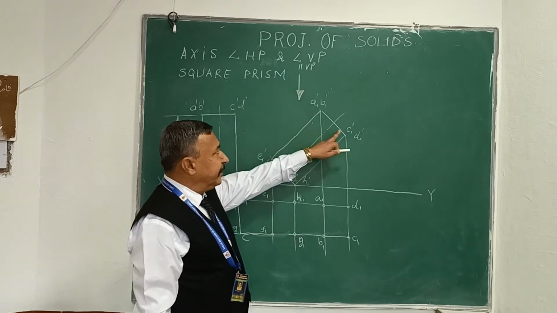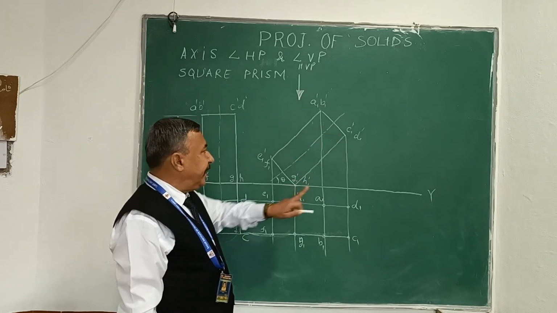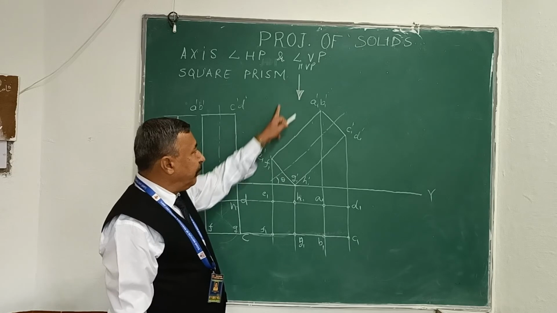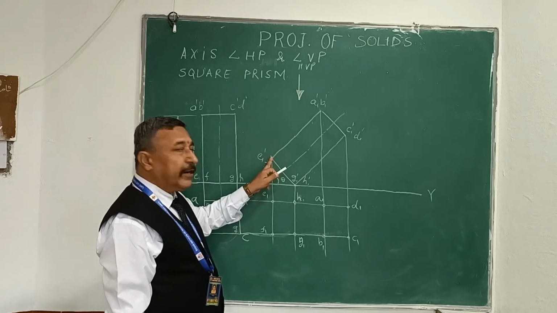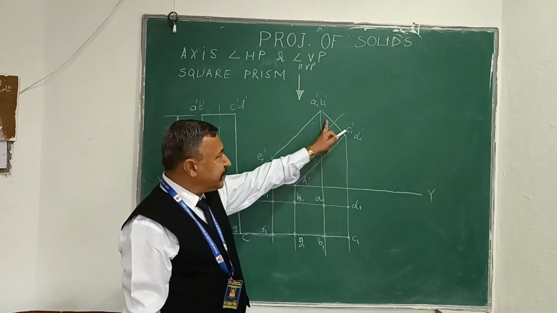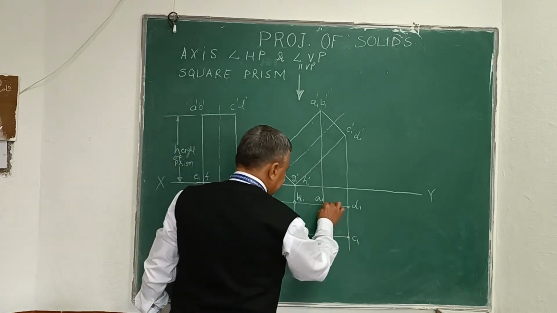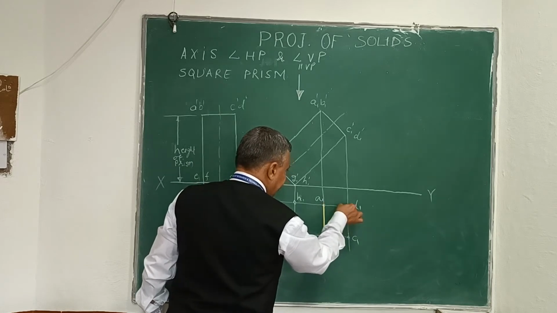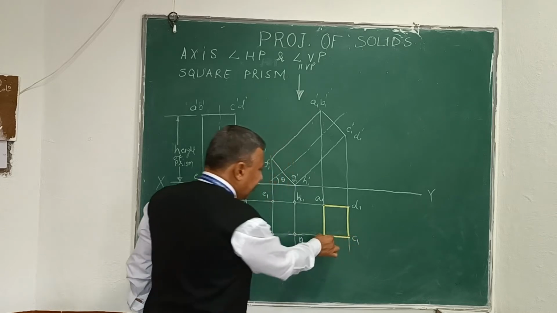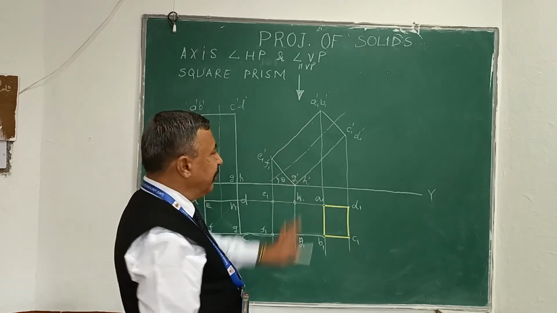From here this base is completely visible and this base is partially visible. As you know, from top only this corner or edge is visible and this is not visible. So first we complete this base which is visible.